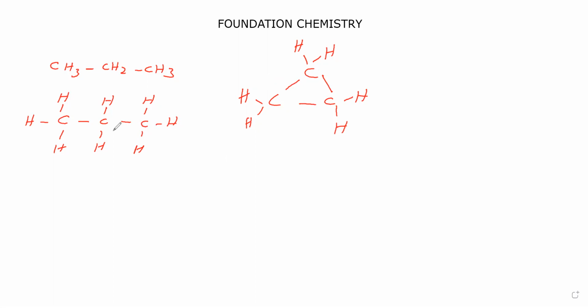Here 3 carbon atoms are bonded in open chain form, but here in closed chain form. Therefore, such a type of compounds we will say as cyclic compounds. We will call these compounds cyclic compounds. These are not cyclic compounds, therefore acyclic compounds. So these are acyclic compounds, these are cyclic compounds.